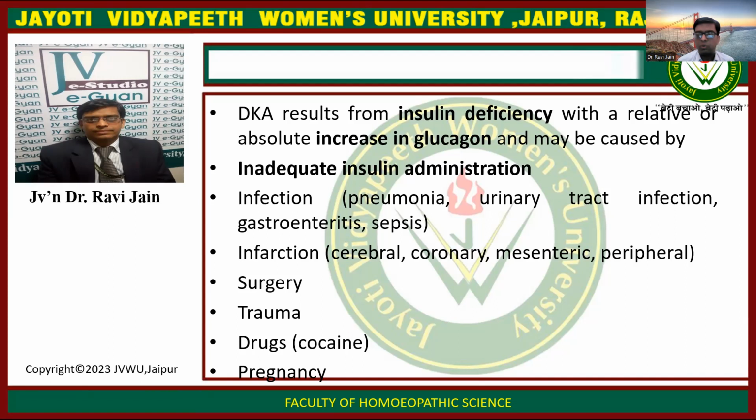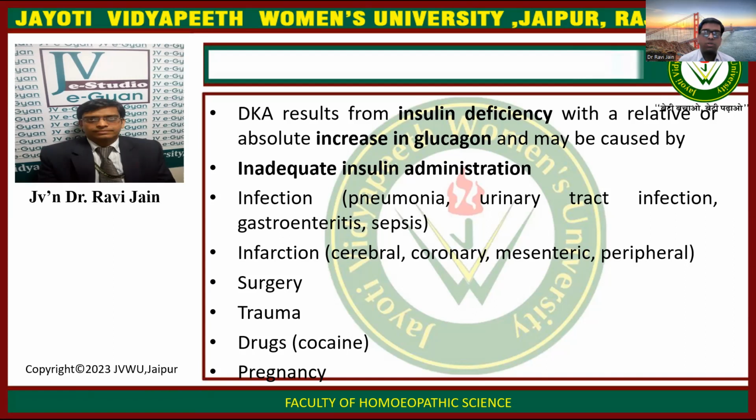It can also be due to infections like pneumonia, urinary tract infection, gastroenteritis, sepsis, etc. Infarctions like cerebral, coronary, mesenteric, or peripheral infarction. Surgery, after which there is an increased blood sugar level, trauma, drugs like cocaine, and pregnancy.